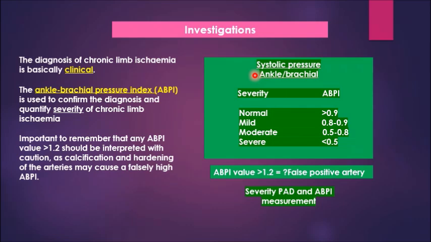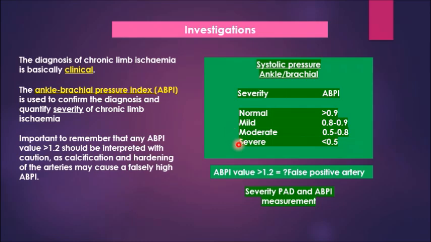Okay, the severity is graded like this. Normal, the ABPI will be 0.9 to 1.1. Mild disease will be 0.8 to 0.9. Moderate is 0.5 to 0.8, and severe disease is less than 0.5.